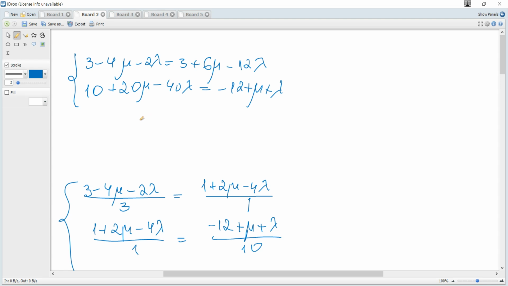So let's simplify. 3 cancels and we get 10 mu is equal to 10 lambda, so mu is lambda.